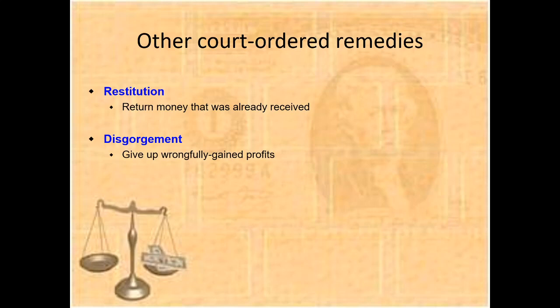So if you paid some amount in advance, then that money has to be paid back. This is what is called the restitution order. Disgorgement is giving up wrongfully gained profit. For example, in that context, how much you got has to be given up to these people. This is what is called the disgorgement case.